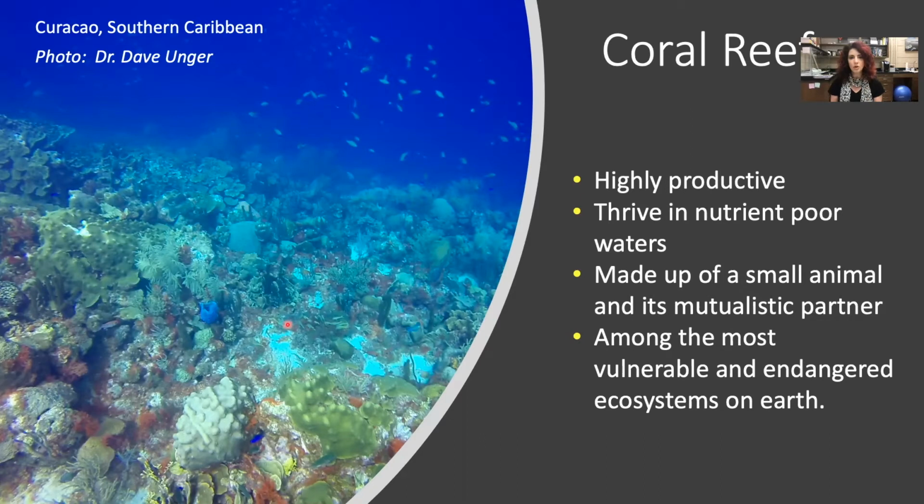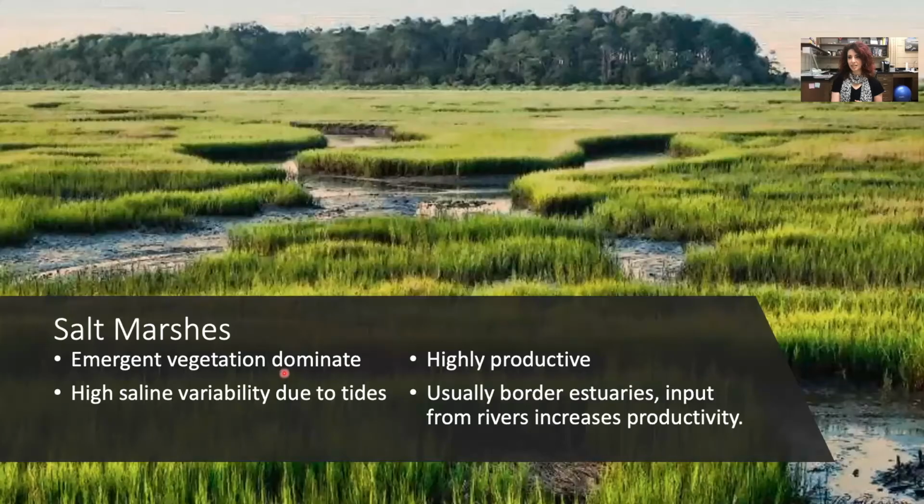They're very vulnerable because corals are subject to what's called coral bleaching, and we'll talk about that in later lectures. But as you can imagine, if you take out one part of this functioning ecosystem, it can no longer function in a healthy way. Another ecosystem is the salt marsh.